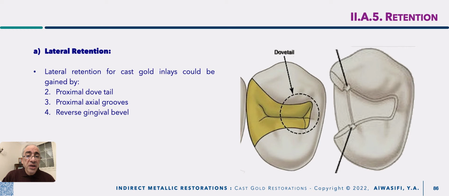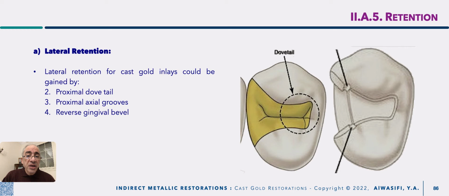Two, you have proximal axial grooves. These proximal axial grooves are cut along the axiobuccal and axiolingual line angles, starting from the gingival floor up to the cavosurface angle. In the case of amalgam, it's only up to the pulpal floor, and it should be without any undercuts.